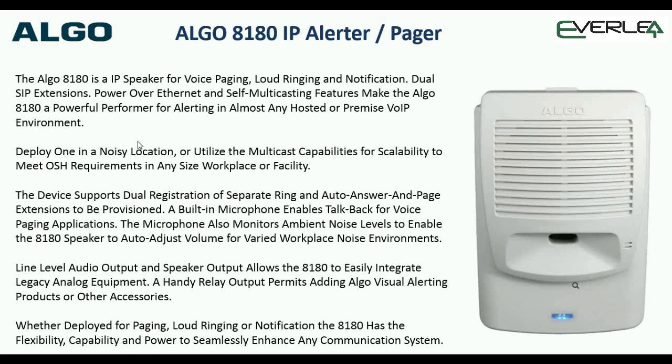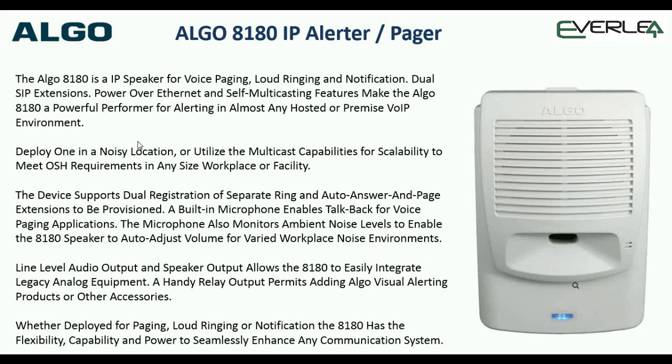Now, the advantage of this is that you can use the 8180 in the most basic format in what we've just talked about, but we can also start using it in more complex solutions for a customer. For example, we can have up to 7 paging groups on the 8180 called multicast, or paging groups as we used to know them. We can either dial them individually through different master units and have additional slave units.